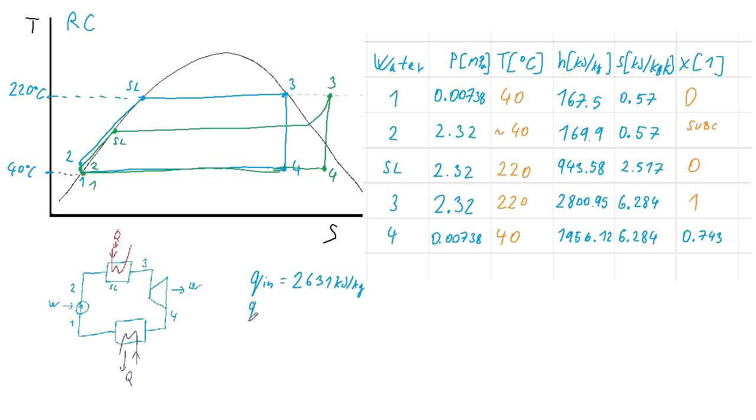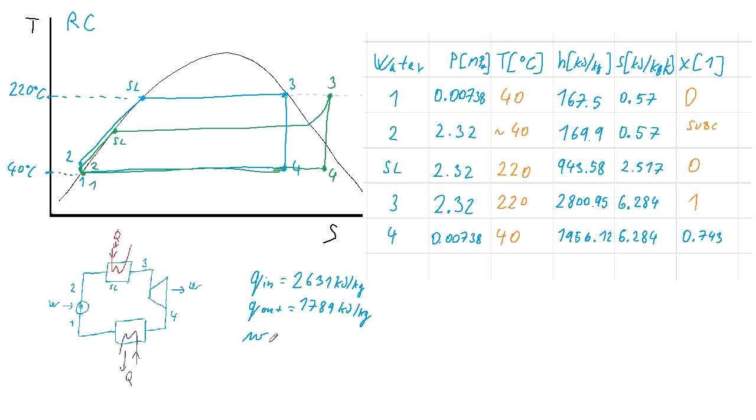Then the rejected heat would be enthalpy 4 minus enthalpy 1, 1789 kilojoules per kilogram.